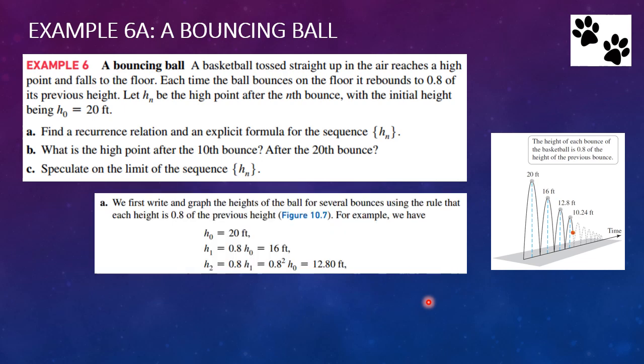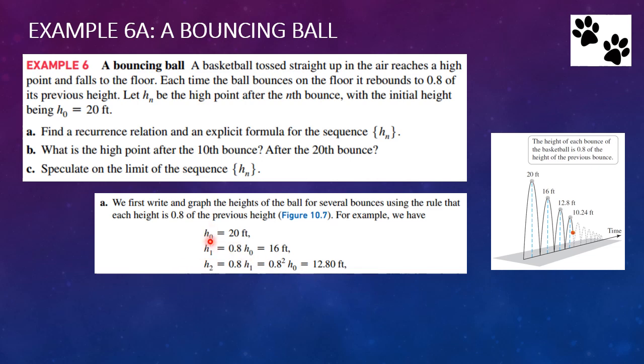So for the recurrence relation, we want to look at what's happening with each one. So we have h sub 0 is 20, h sub 1 is 0.8 times h sub 0, which is 16 feet. Notice that h sub 2 is 0.8 times h sub 1. Well, h sub 1 is 0.8 times h sub 0, so we get 0.8 squared times h sub 0.